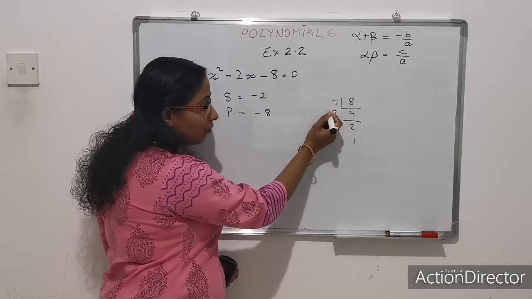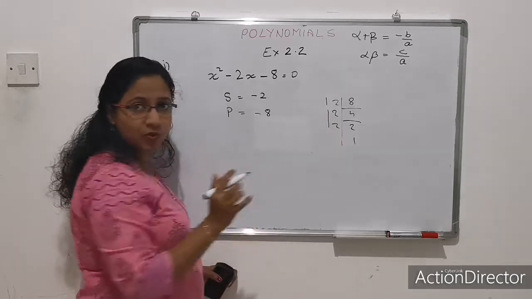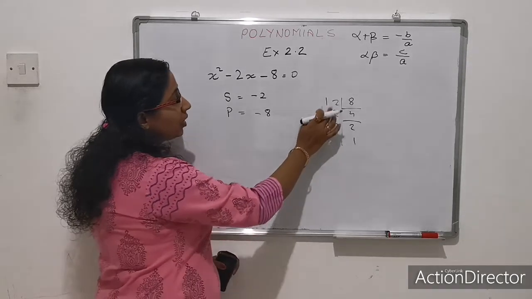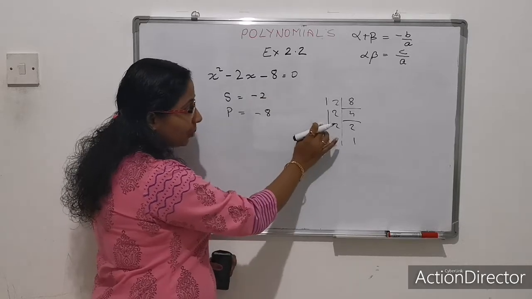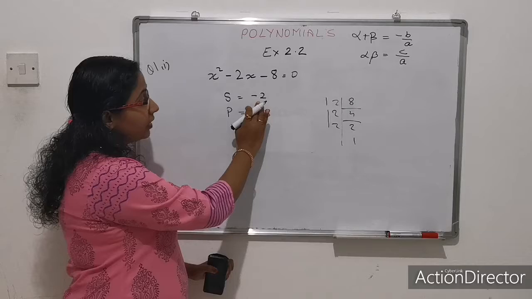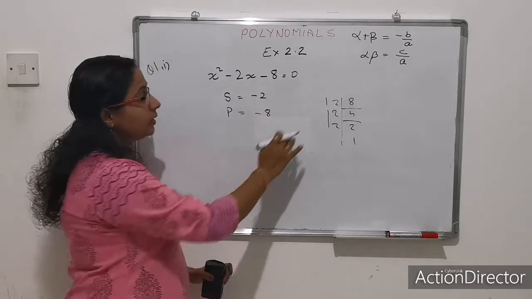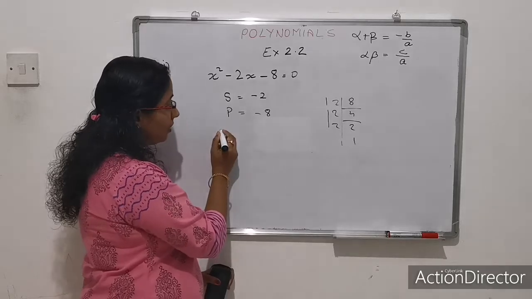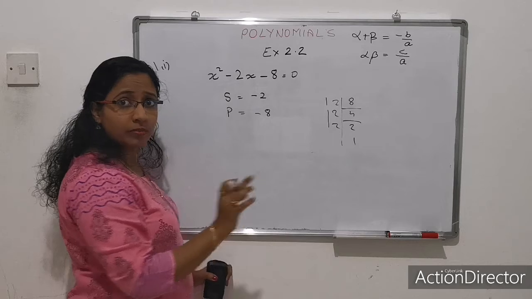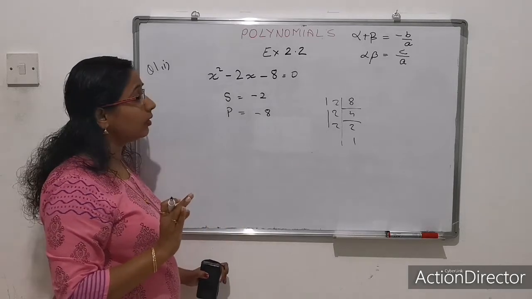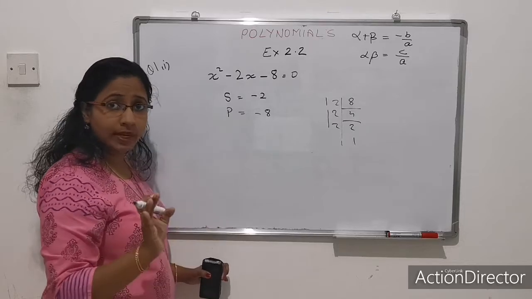So if we pair like this, that is 2 into 2 is 4, 4 and 2. We have to arrange these terms in an order such that their sum should give you minus 2 and product should give you minus 8.